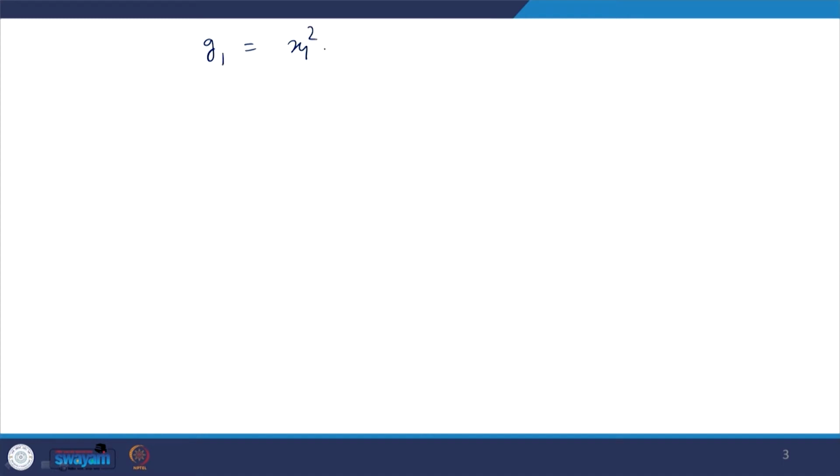G1 is x1 square plus x2 square minus 4. Let us find the Hessian matrix of G1. The Hessian matrix of G1 will be 2, because we have to take the second derivative with respect to x1. Okay. Then the mixed partial x1 x2 is 0, x1 x2 is 0, then it is again 2. Okay. So, its eigenvalues are 2 and 2.